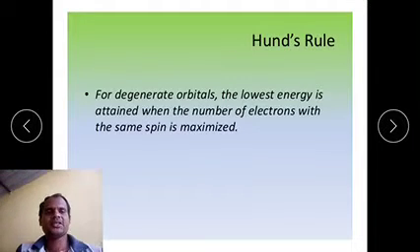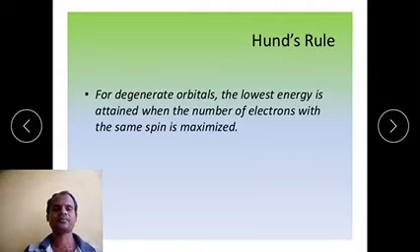The next rule is Hund's rule. This rule is applicable to degenerate orbitals. For degenerate orbitals, the lowest energy is attained when the number of electrons with the same spin is maximized.